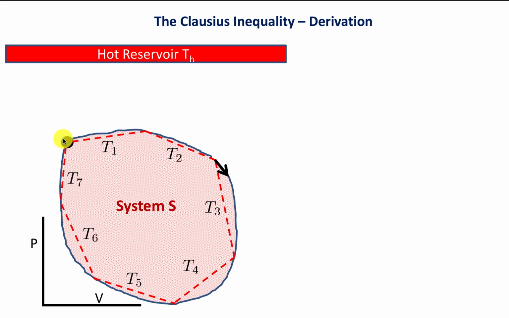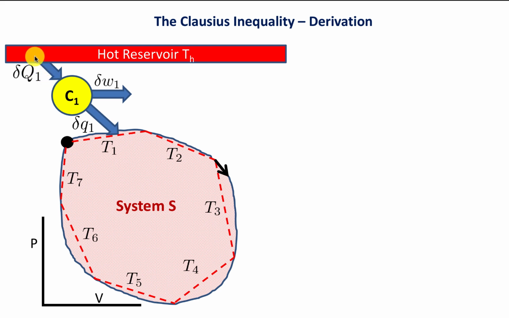Next, imagine that I take a Carnot engine and allow it to work between these two reservoirs. There's the hot reservoir here and a relatively colder reservoir with temperature T1. Now this hot reservoir will provide a small amount of heat to this Carnot engine whose magnitude is delta Q1 and which flows into the Carnot engine.